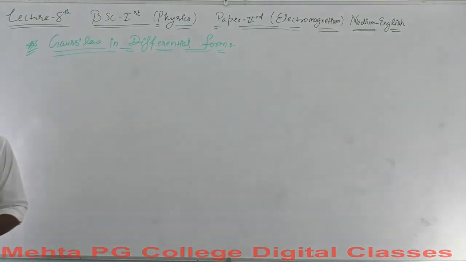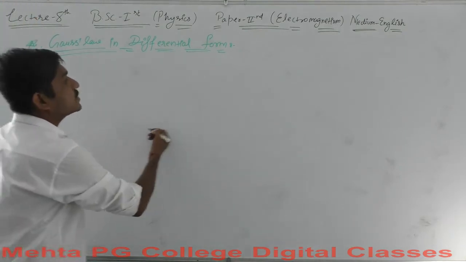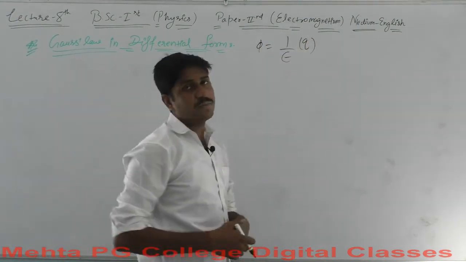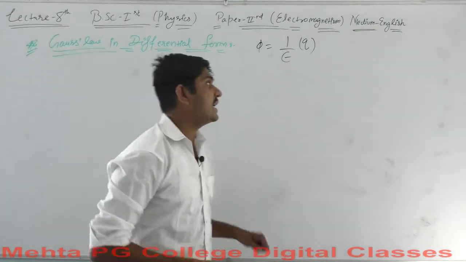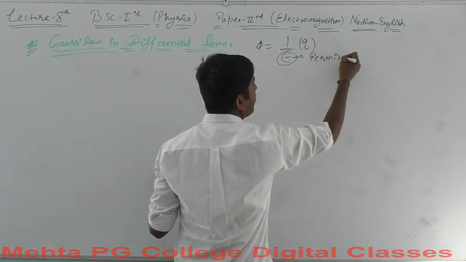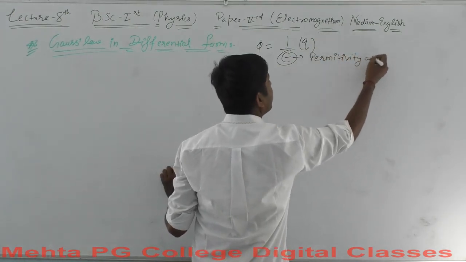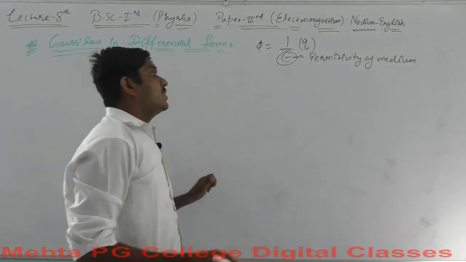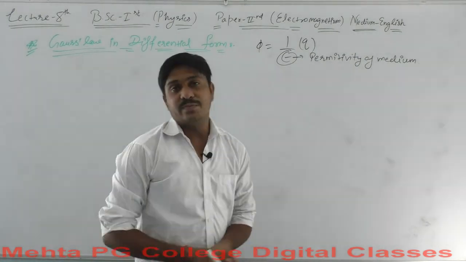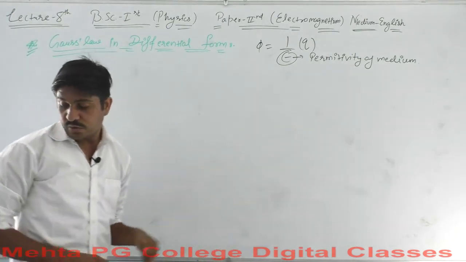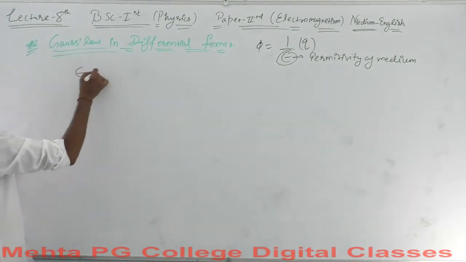First of all, the statement of Gauss's law says that the flux phi is equal to 1 over epsilon times the total charge enclosed by the surface. Epsilon is the permittivity of the medium.